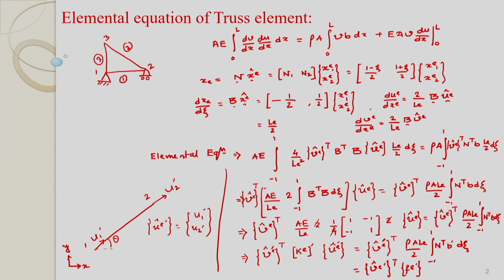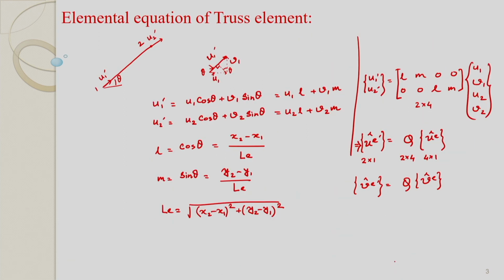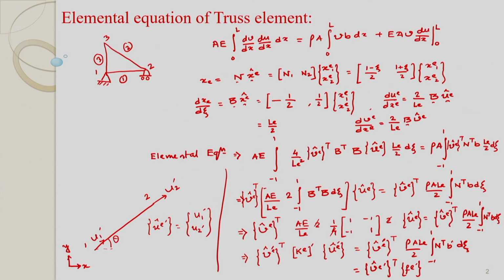the load vector in prime direction. So, we can replace VE prime and UE prime with VE and UE. So, VE prime is Q VE.